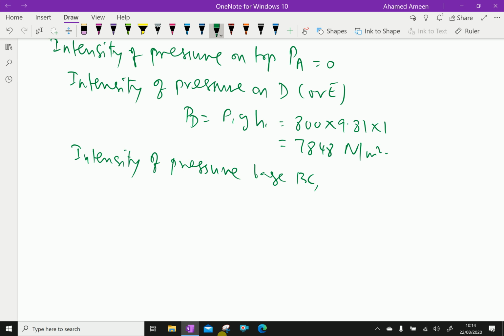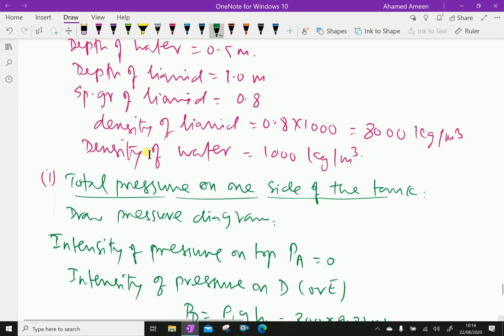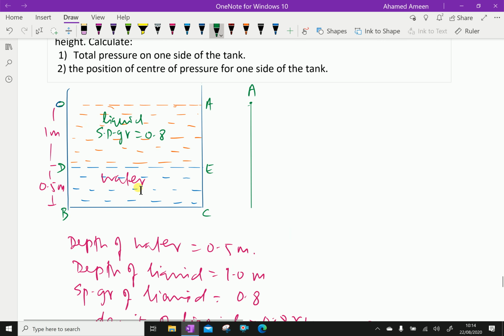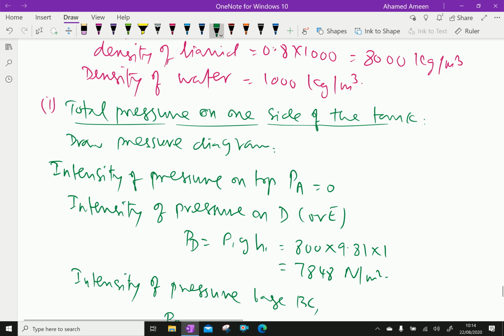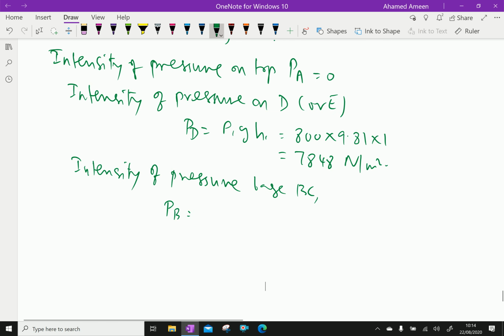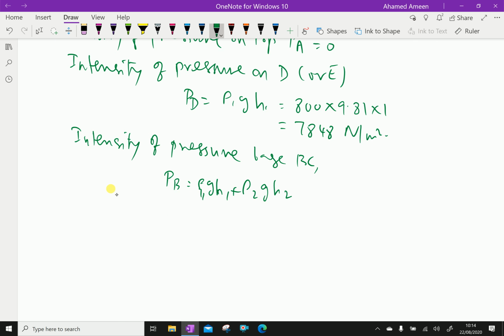PB is the addition of pressure due to liquid and due to water. So PB equals rho 1 g h1 plus rho 2 g h2.